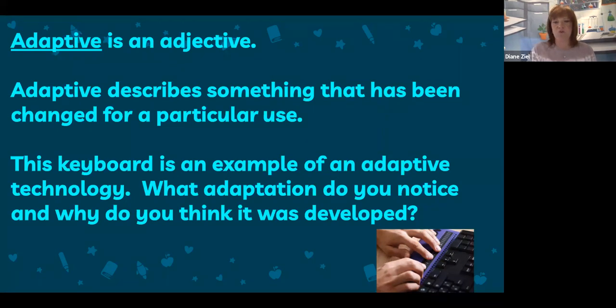If you said that you noticed that they adapted the keyboard by adding this braille keyboard at the bottom for somebody who had difficulty with their eyesight and needed to feel the letters instead of seeing them, you would be correct. Making a small change to this keyboard to help somebody who had difficulty with their sight is an adaptive technology.